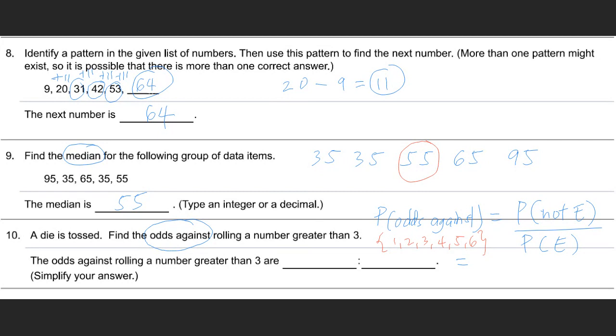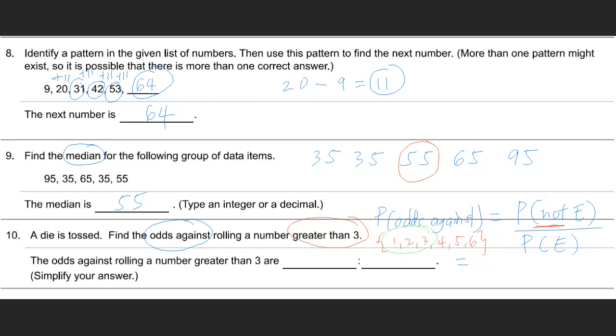And it says number greater than 3. So the non-occurrence here is the number that is less than 4, so that would include 3 here. And then how many are there? That's 3 out of 6.